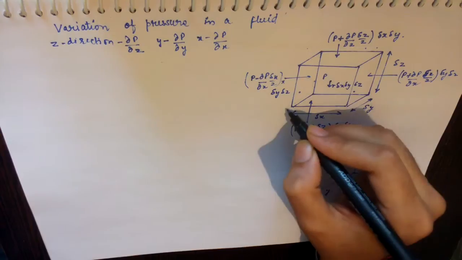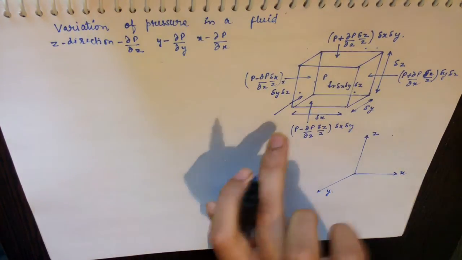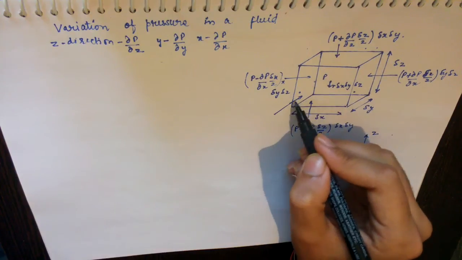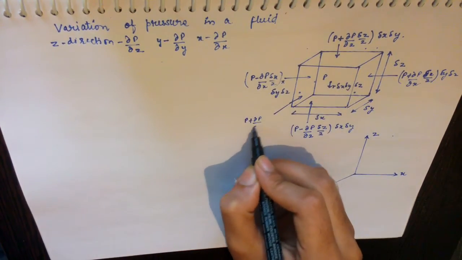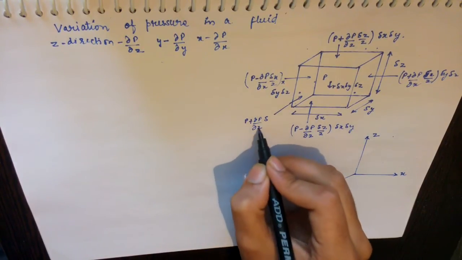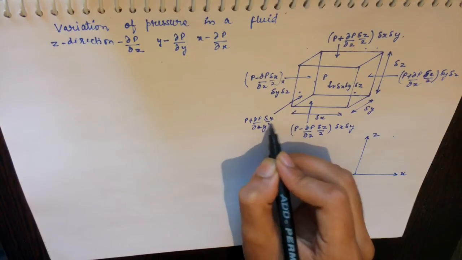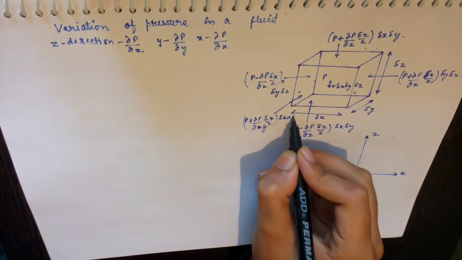For the y direction, since we are going in the positive direction, the pressure will be p plus del p divided by del y into delta y by 2, and the force will be this pressure into delta z into delta x.